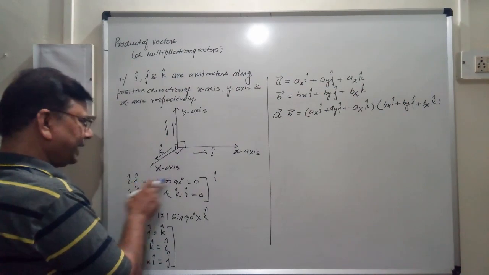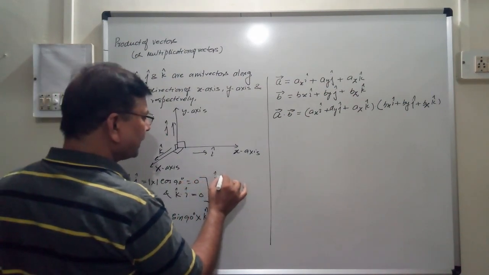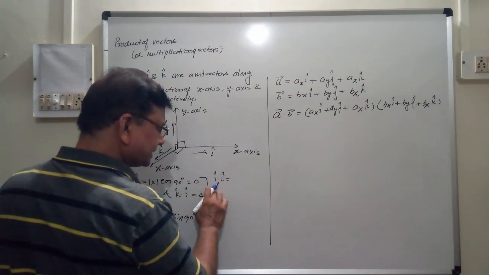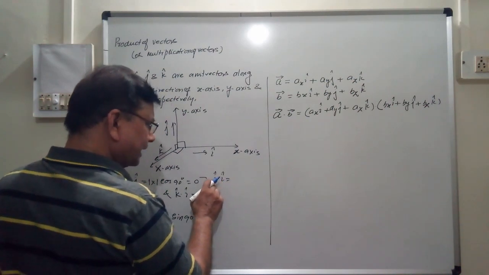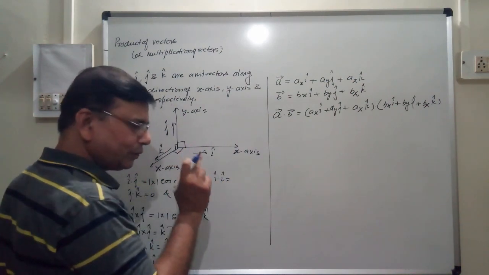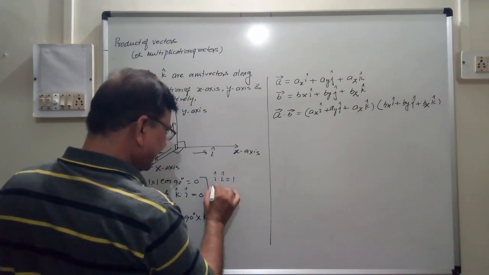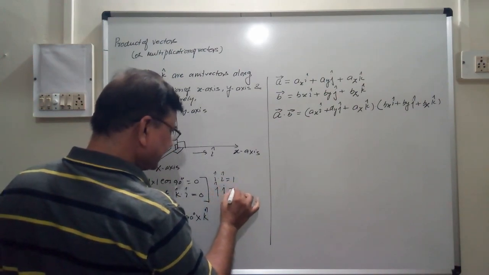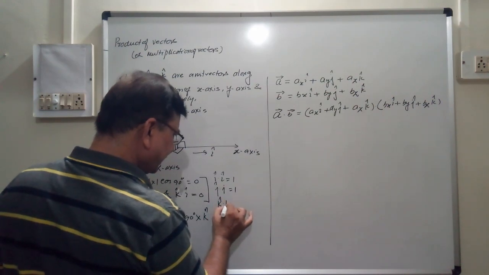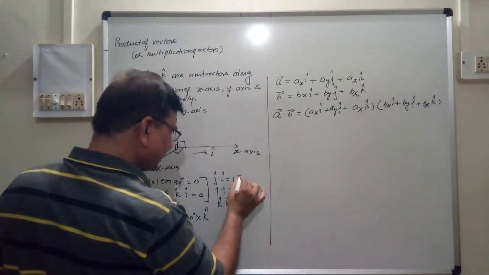I dot J is 0. So I dot I, what will be this? I dot I is angle between these two is 0, cos 0 is 1, so this will be equal to 1. J dot J, that is equal to 1. K dot K, this is also equal to 1.